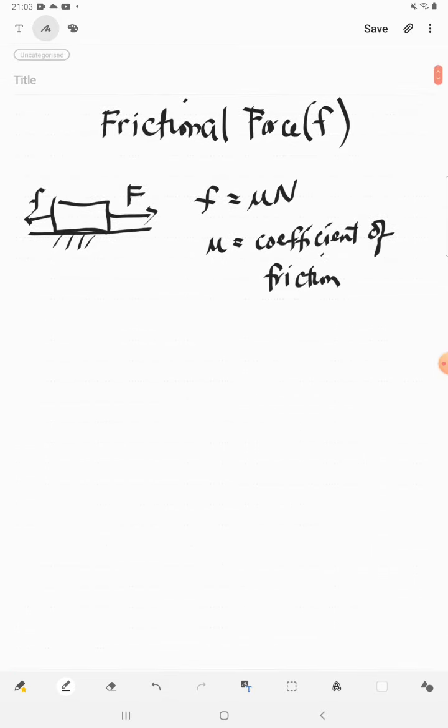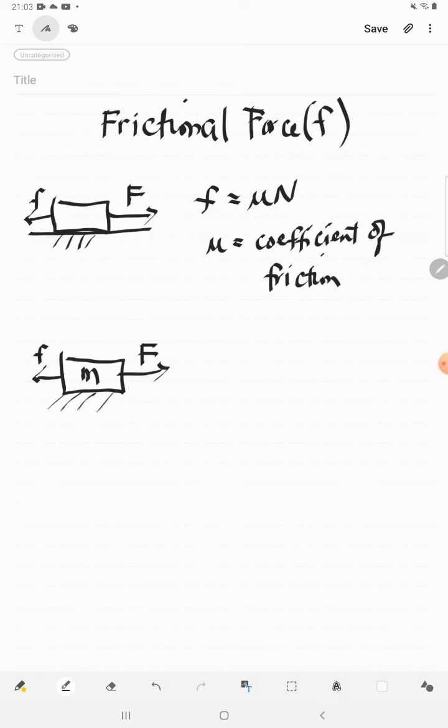Okay, so this is our frictional force. So let's say we have an object here of mass m, okay, and it's moving to the right, and this is our frictional force.